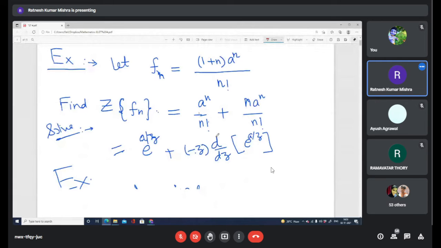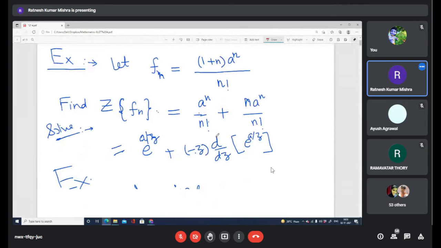Now see, the z transform of this, you write this one. So when this goes to here, the inverse z transform of this is the convolution of f and g. So we can write the inverse z transform of f z g z.